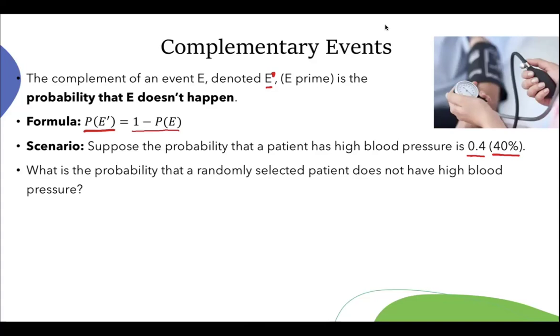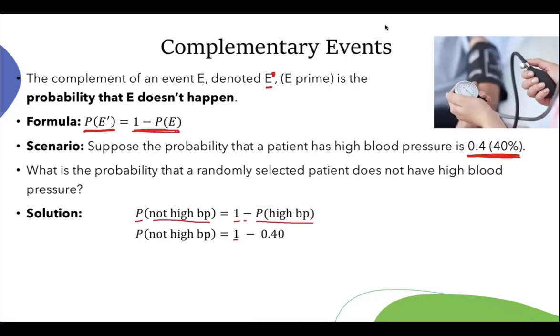We know there's a 40% chance that they have high blood pressure, so the chance that they do not is 1 minus 0.4. That becomes 60%. So the probability of not having high blood pressure is 1 minus the probability of having high blood pressure. That's 1 minus 0.40, and that is 0.60 or 60%.